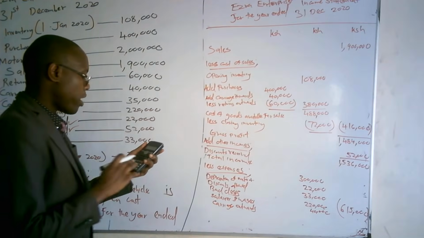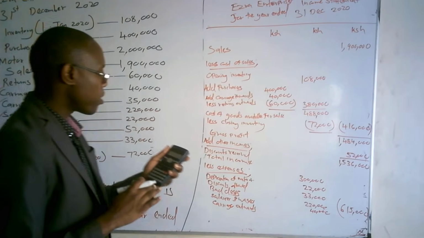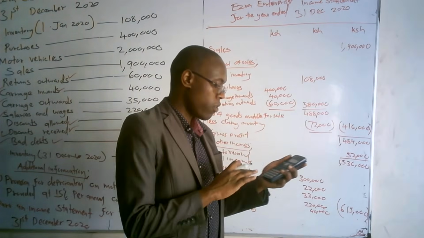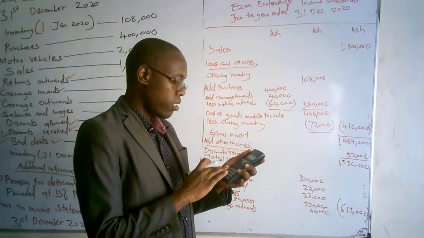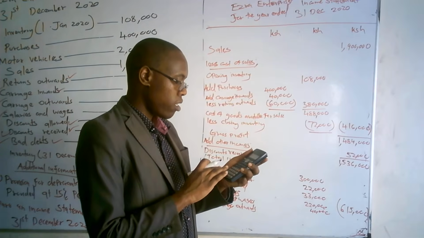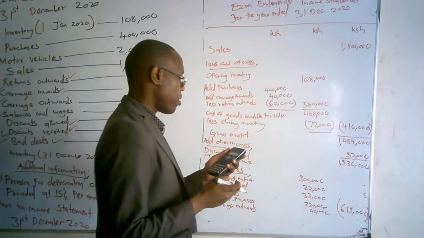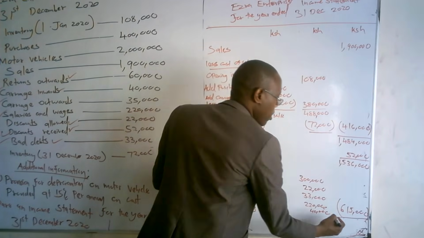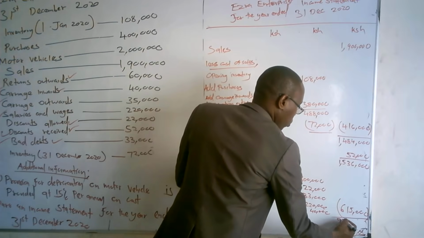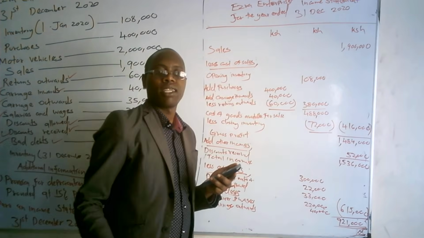And if I take now 1,536,000, so this 1,536,000 here minus 615,000, the answer that I get is 921,000, and it's a positive answer.